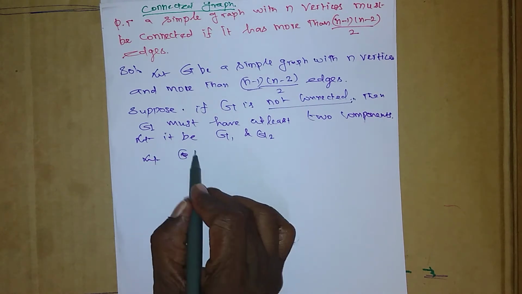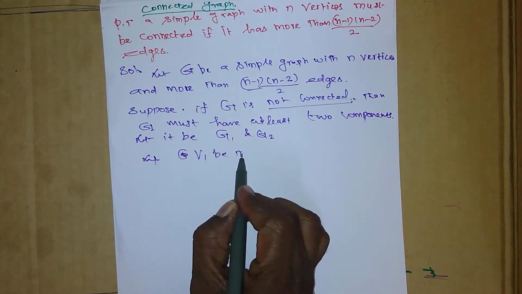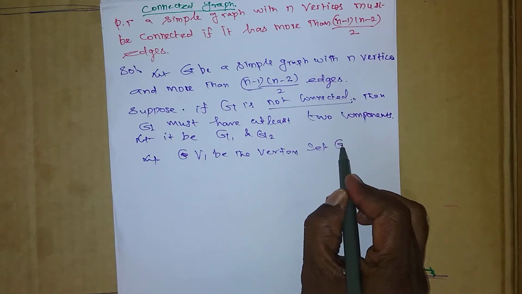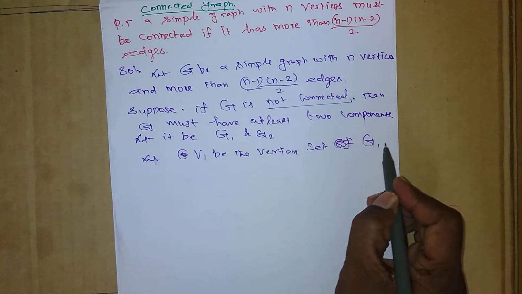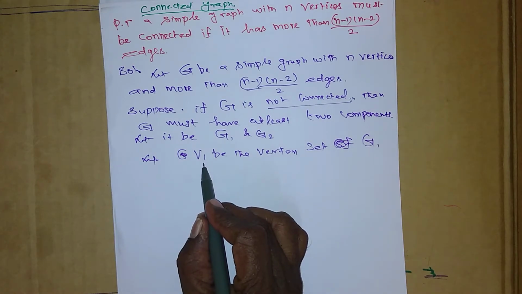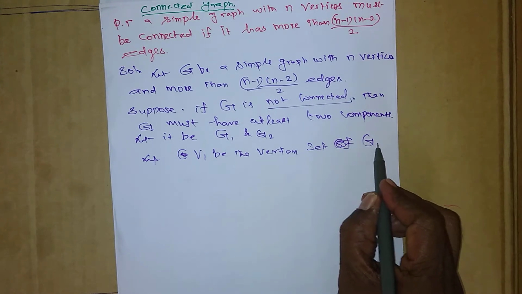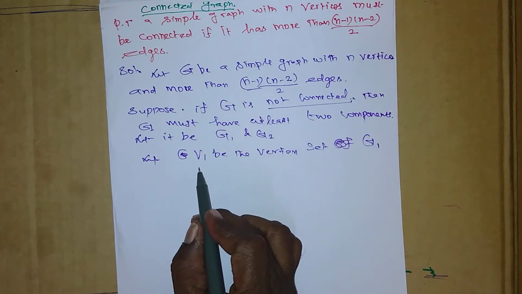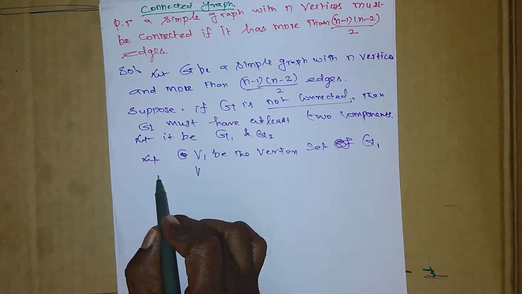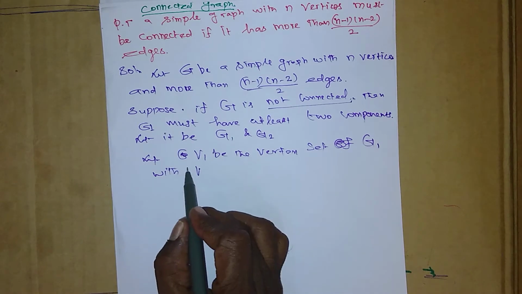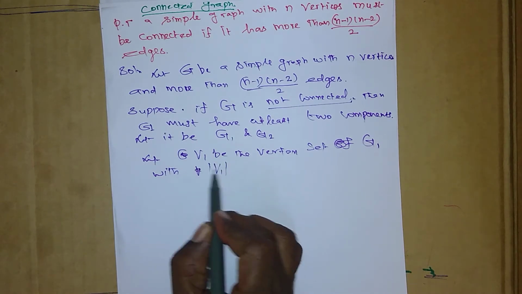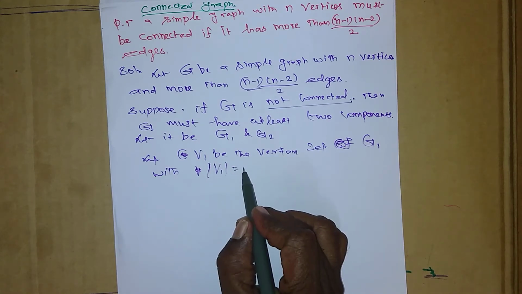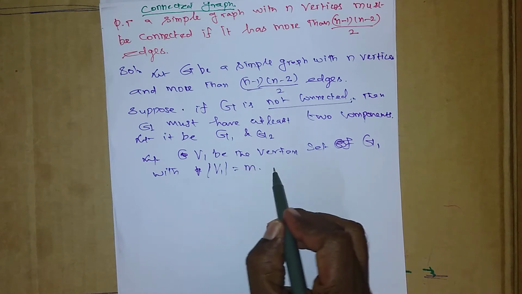Let V1 be the vertex set of G1. There are V1 vertices in G1. Let V1 be the set of vertices of G1, with the modulus of V1, that is cardinality of V1, or number of vertices in V1, equal to m.